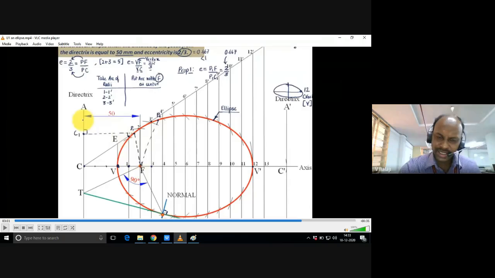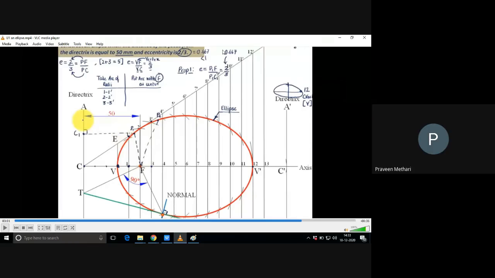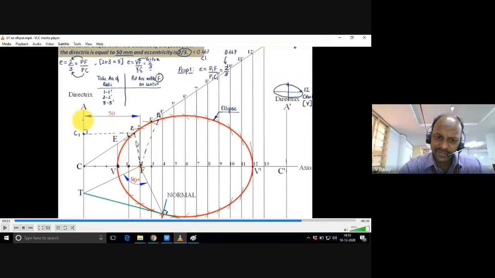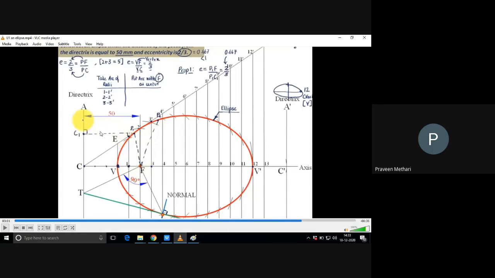That is the initial given eccentricity value. The property of ellipse is, even if you travel along the path of the ellipse, the VF by VC ratio or P1F by P1C1 ratio is constant.